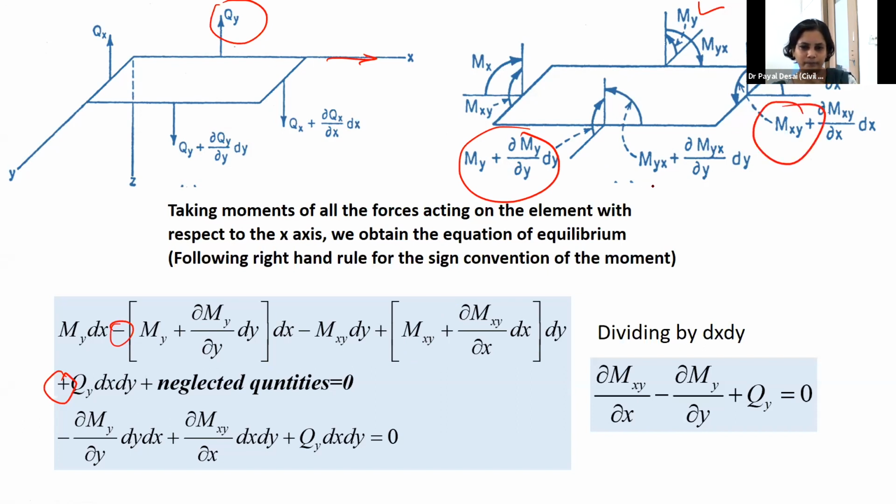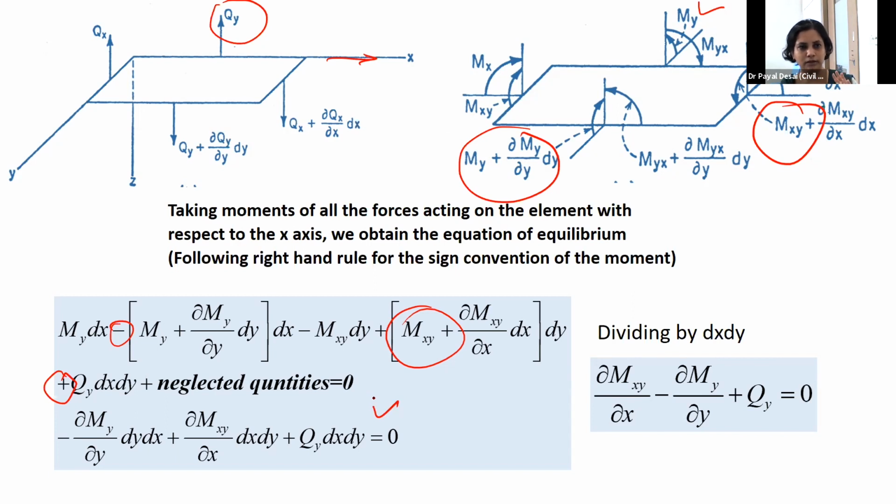This is mxy. This mxy, you may imagine, is the twisting moment of this surface. This is my surface and this is a twisting moment. I am twisting it and it is producing the moment about the x-axis. So not all components you have to incorporate. When you are taking moment about the x direction, you have to take care of those moments only, and that particular shear force only. So this is my second equation.